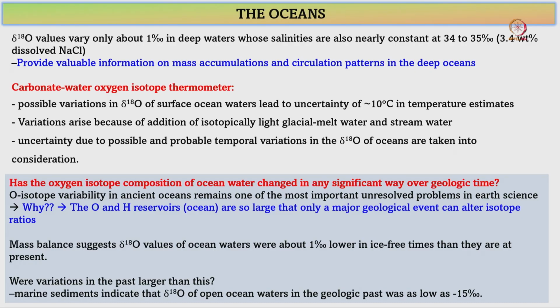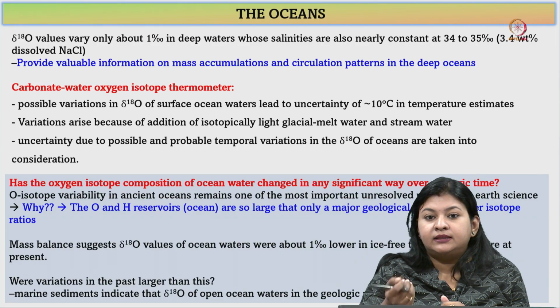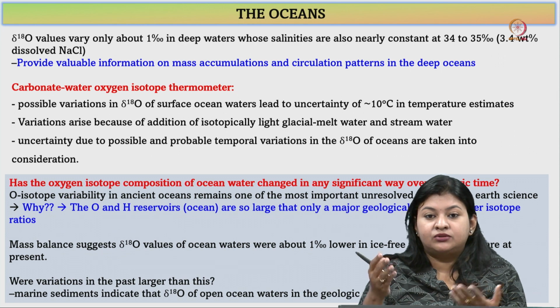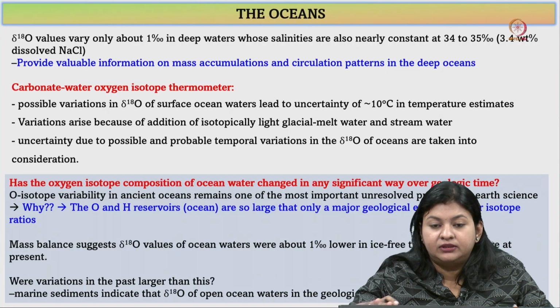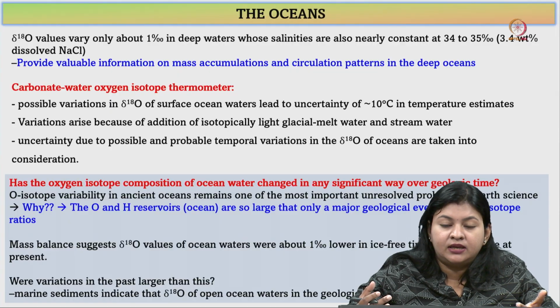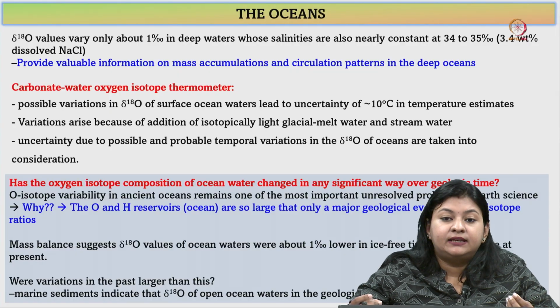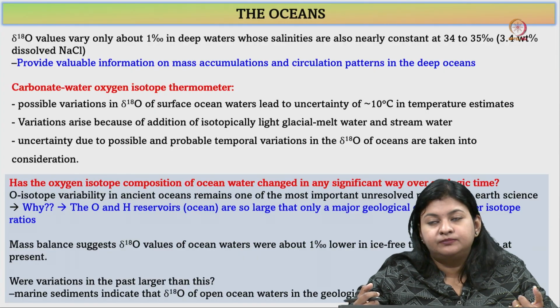Why? Because we are trying to read past temperature, okay. But the delta 18O of the surface ocean can be subjected to much more change other than temperature. There can be rainfall that is changing the delta 18O of the surface ocean. There can be freshwater discharge near the coastal areas, near the bays and all. That can cause changes in the surface ocean delta 18O values.